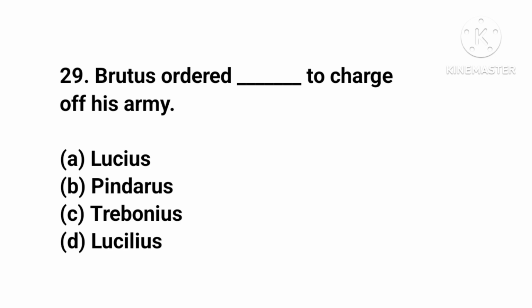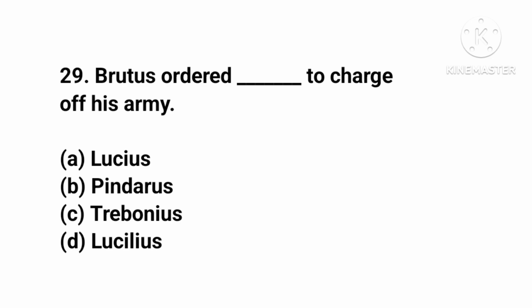Option A, Lucius. Option B, Pindorus. Option C, Trebonius. Or option D, Lucilius. Because you remember, Brutus and Cassius, they were going to settle their annoyance, whatever complaints they had against each other, inside Brutus's tent, so that they did not have to quarrel in front of the army.